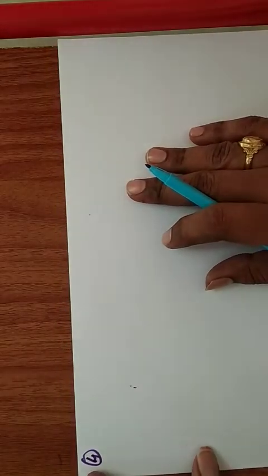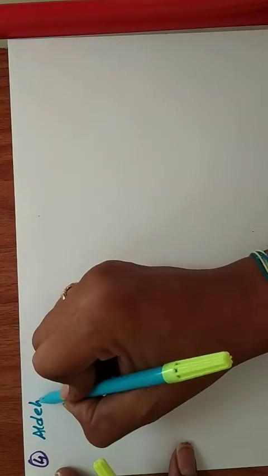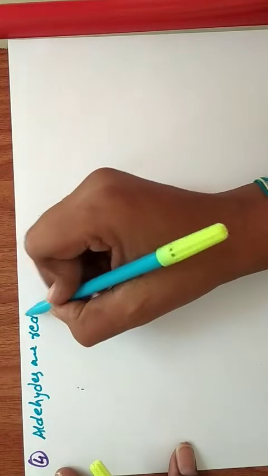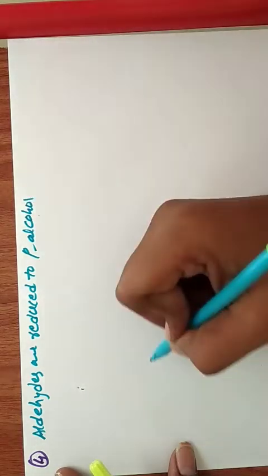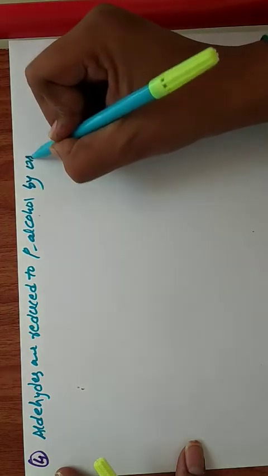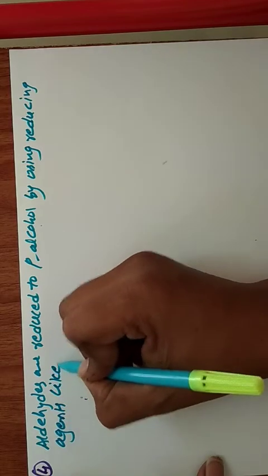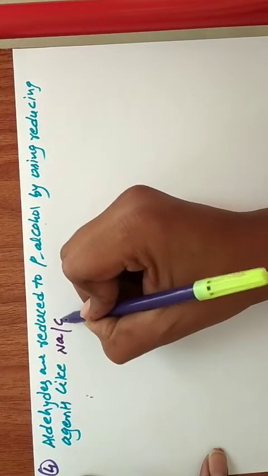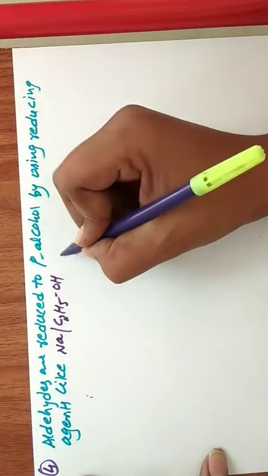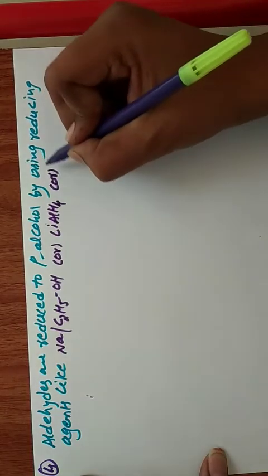Aldehydes are reduced to primary alcohol by using reducing agents like sodium with ethyl alcohol, or LiAlH4, or NaBH4.